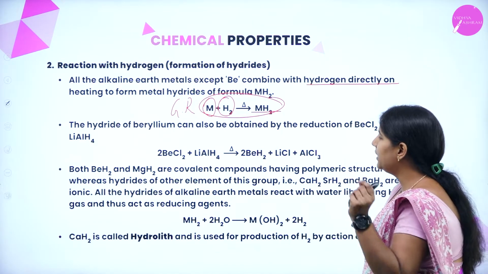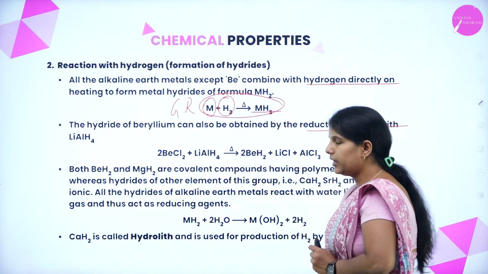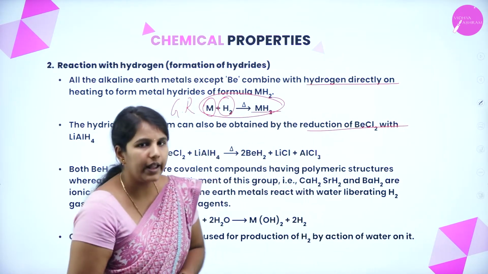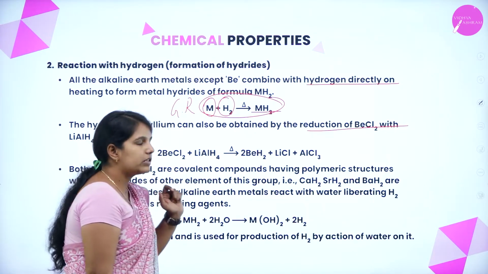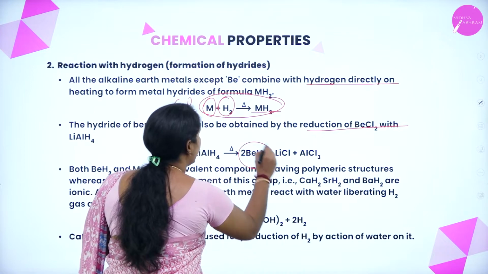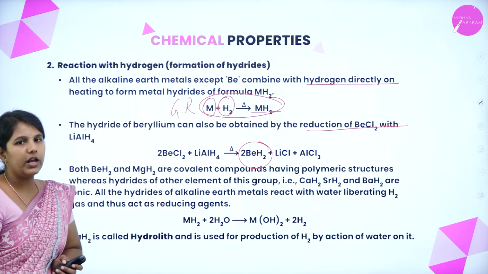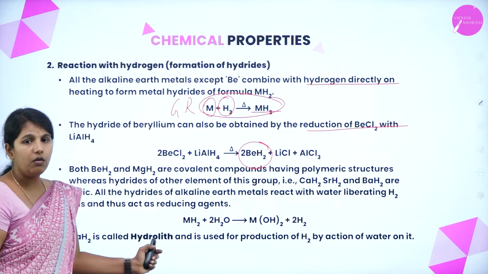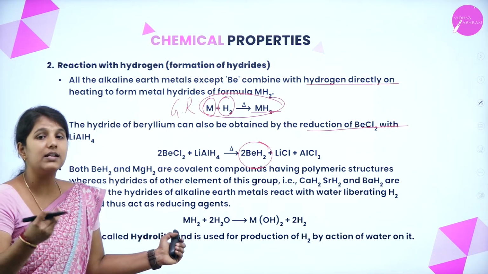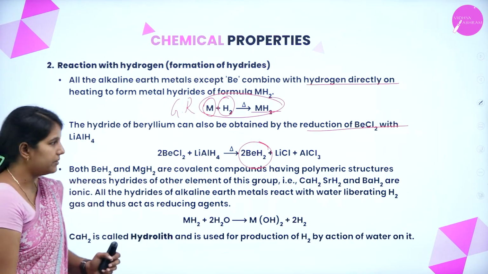The hydride of beryllium can also be obtained by the reduction of beryllium chloride. So when you take barium chloride and allow it to react with lithium aluminum hydride, you will get barium hydride with the formation of lithium chloride and aluminum chloride. This is how alkaline earth metals, when they react with hydrogen, form a metal hydride.